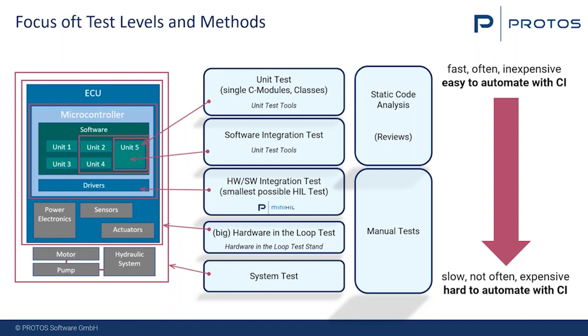System test, you're driving in the car through the desert in Nevada, Death Valley. That's something you don't do after every software change. Yeah? So those are the two extremes. And what we essentially want is to test as much as possible automated. And that's again where the mini HIL comes into place.